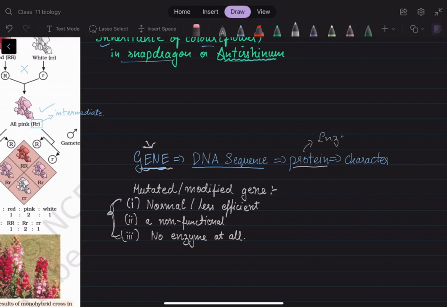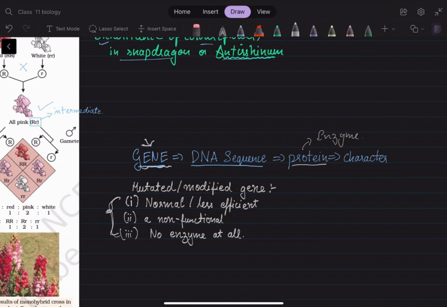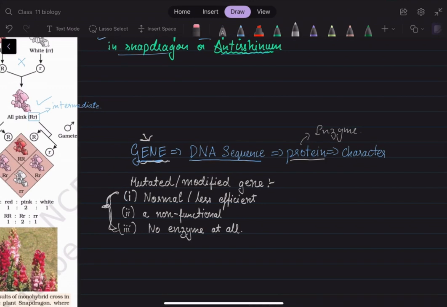It can be anything, but let us just take an example, enzyme. If this protein is an enzyme being coded by the DNA, there can be three cases. First, it could give rise to a normal enzyme, or a less efficient enzyme, or a non-functional enzyme. In the third case, no enzyme at all.